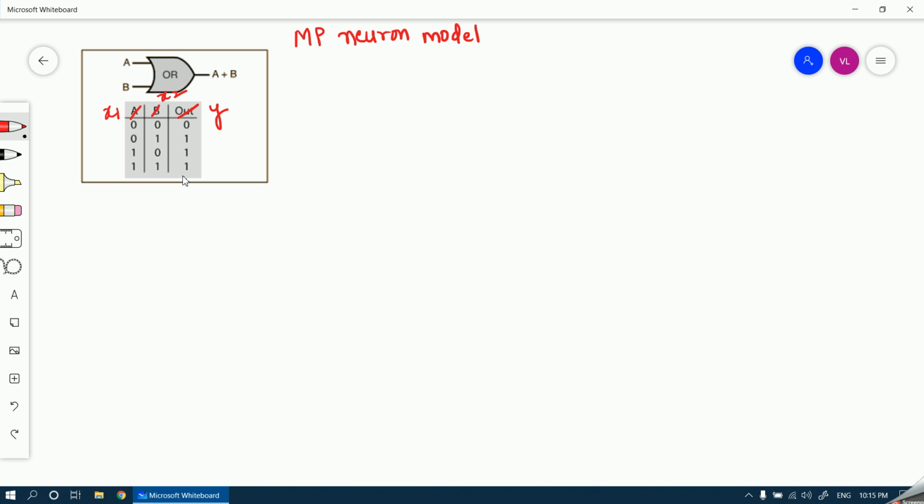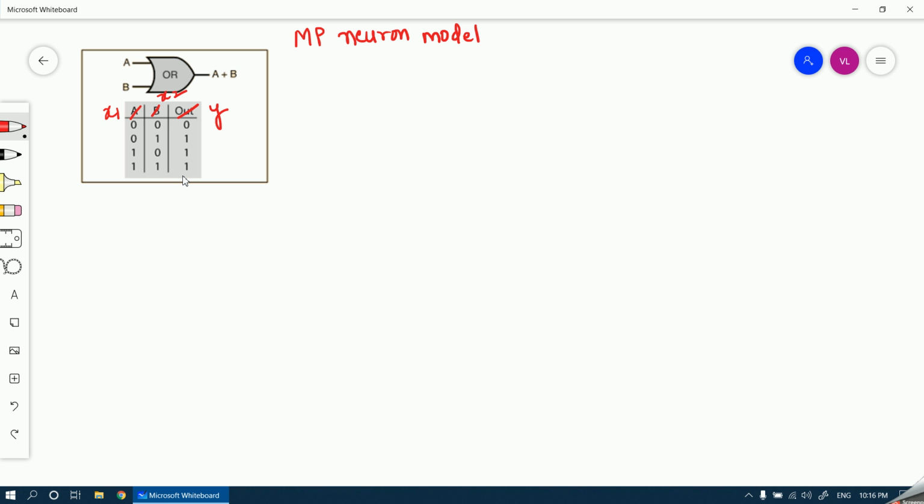When either of the inputs is 1, the output is 1, which means the neuron fires when one of the inputs is 1.